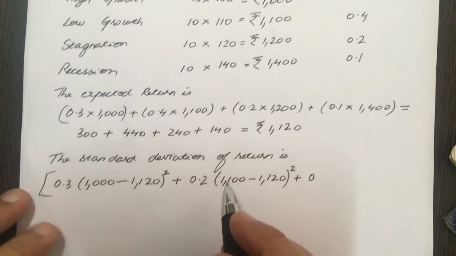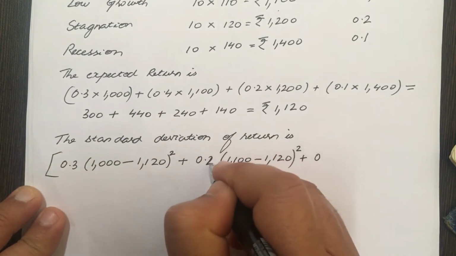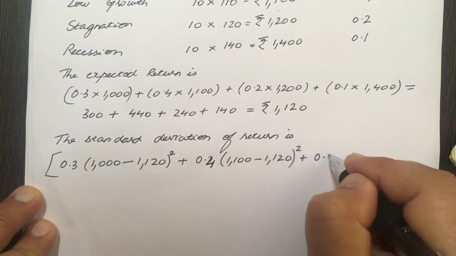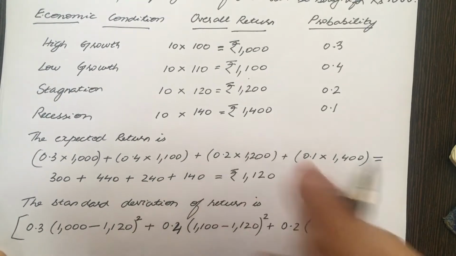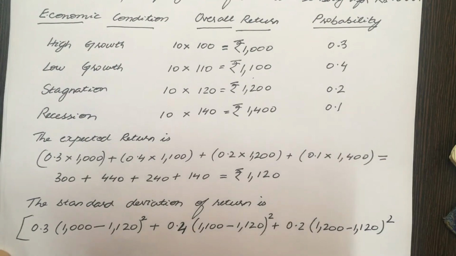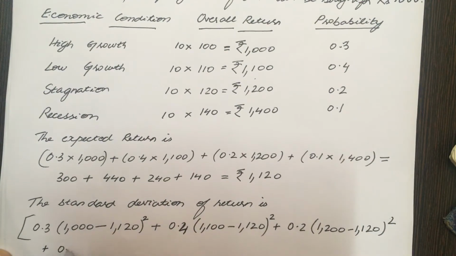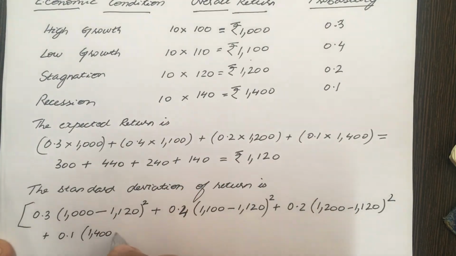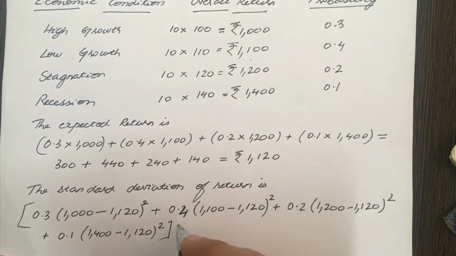Oh wait, I made a mistake here. It is not 0.2, it is 0.4 probability. Plus 0.2 into (1200 minus 1120) to the power 2, plus 0.1 into (1400 minus 1120) to the power 2. And the whole thing to the power half. Basically, that is a square root.